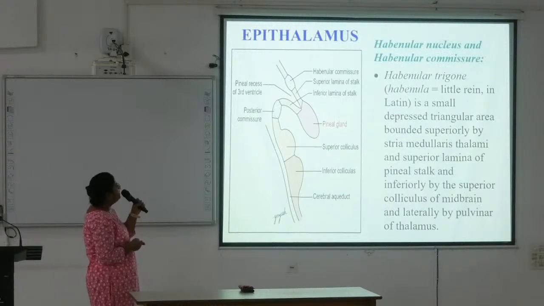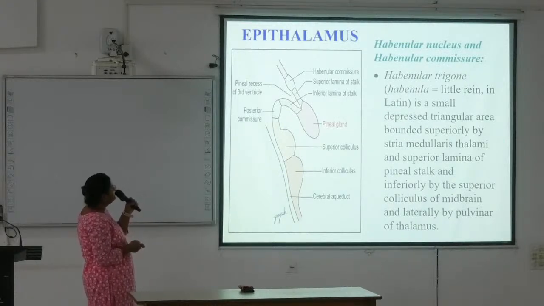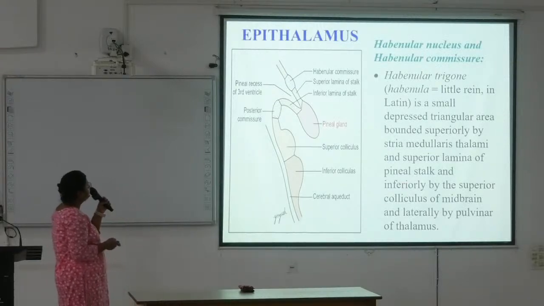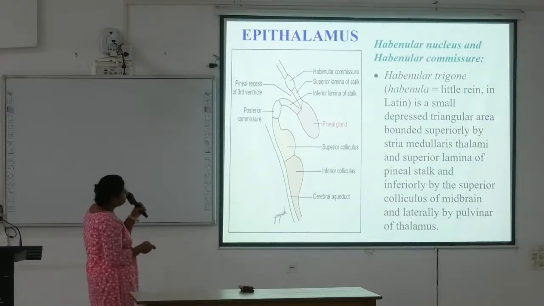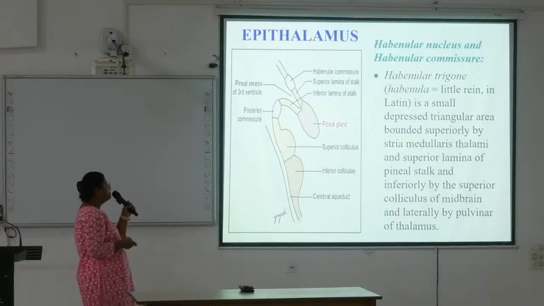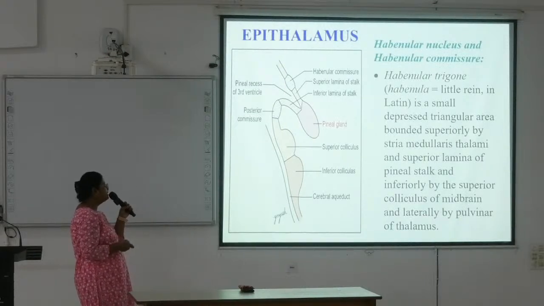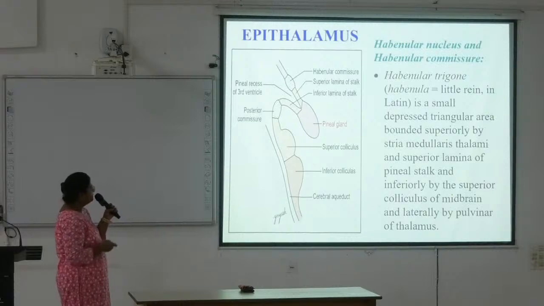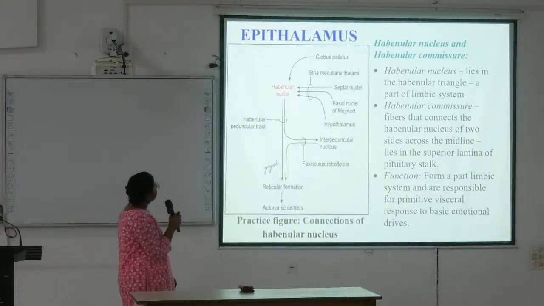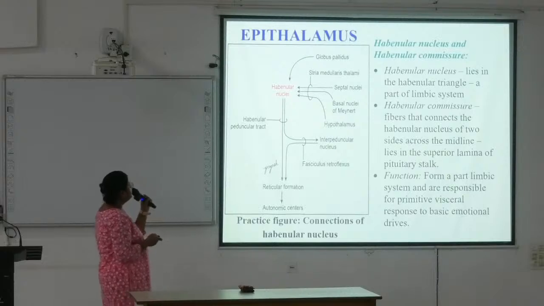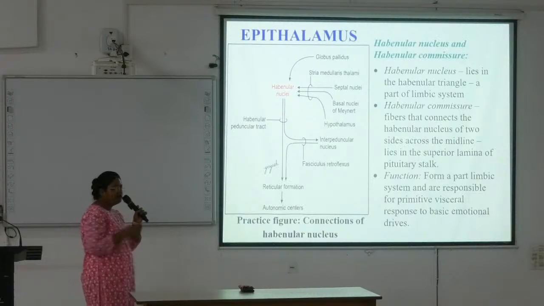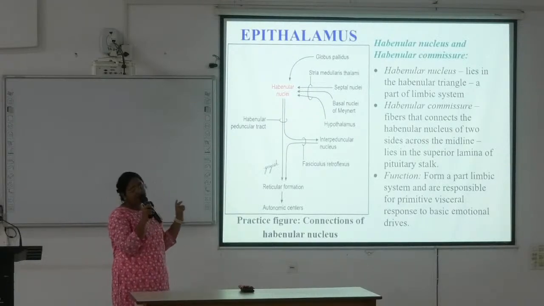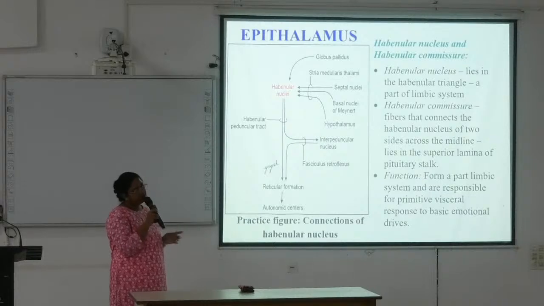It is a small depressed triangular area bounded superiorly by the stria medullaris thalami and the superior lamina of the pineal stalk, near which the habenular nuclei are located, inferiorly by the superior colliculus of the midbrain, and laterally by the pulvinar of the thalamus. So the habenular nucleus lies in the habenular triangle, a part of the limbic system. It is located mainly within the substance of the brain. From the outside, you cannot see the nuclei.